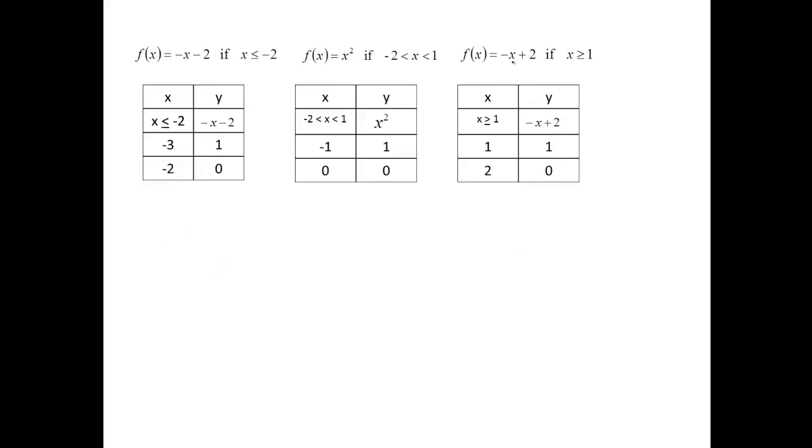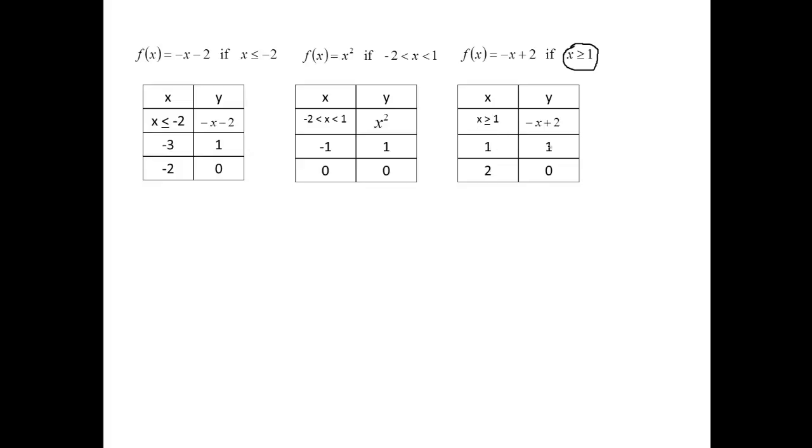So now if we bring in this third part of this piecewise defined function, that was for where x was greater than or equal to 1. And when x is greater than or equal to 1, y is defined as minus x plus 2. So again, we'll take some x values that fall inside that range where x is greater than or equal to 1. So like, for instance, 1 and 2.